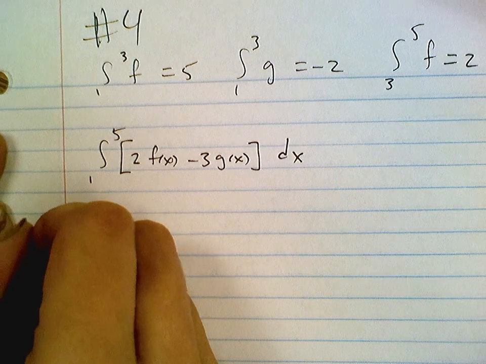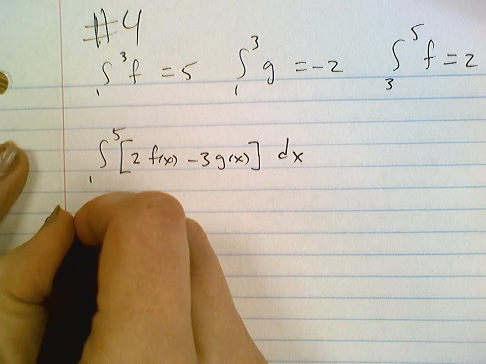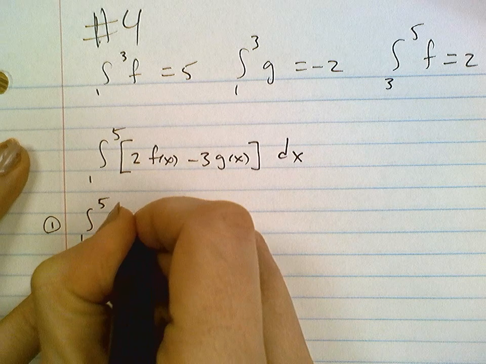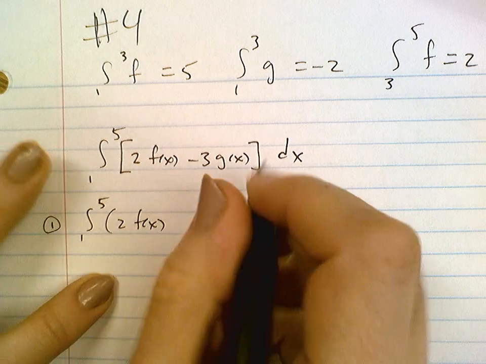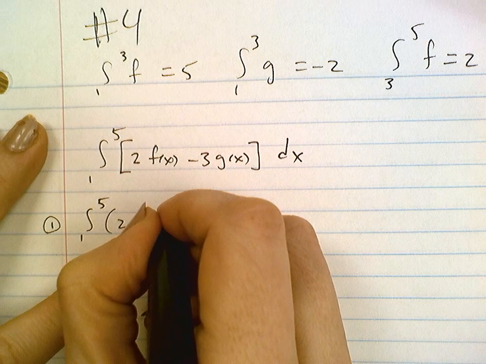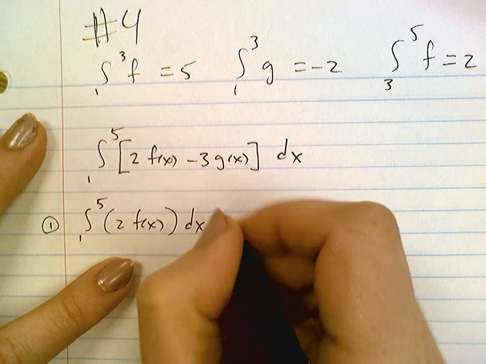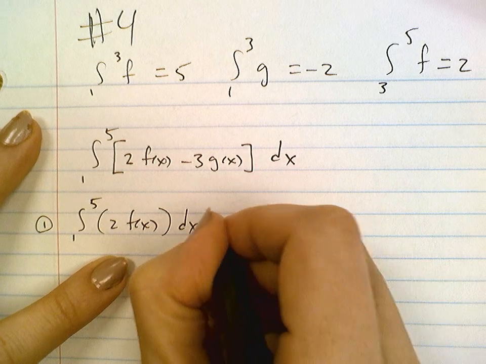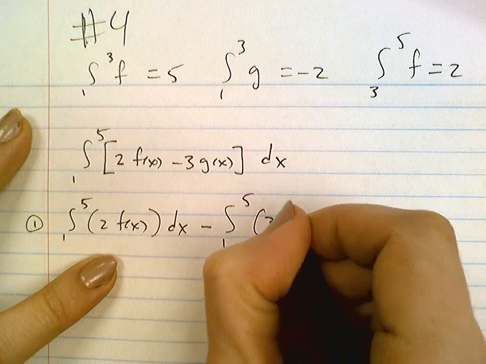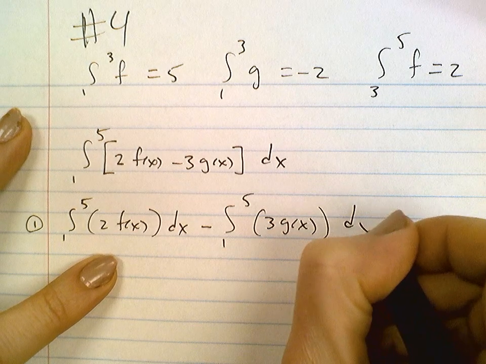So I'll number my steps. Here's step 1: the integral from 1 to 5 of 2f(x) dx minus the integral from 1 to 5 of 3g(x) dx.